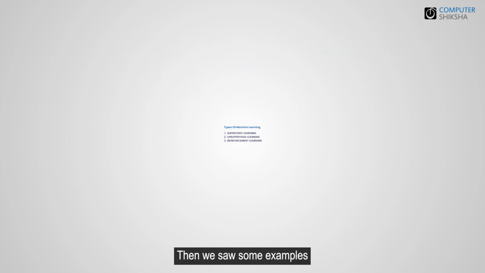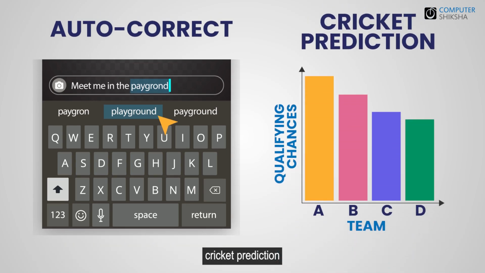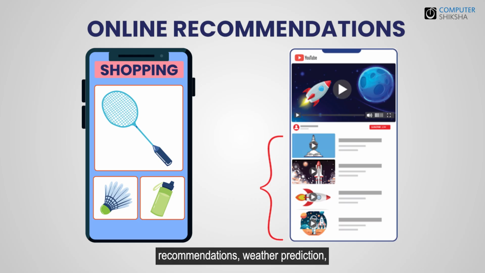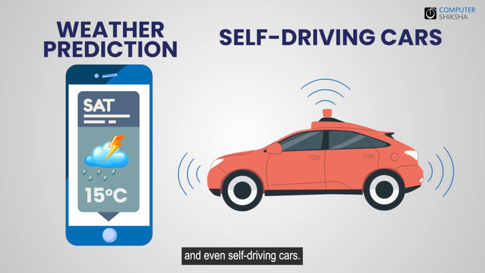Then we saw some examples of machine learning in real life. It's everywhere. In autocorrect, cricket prediction, shopping or video recommendations, weather prediction, and even self-driving cars.